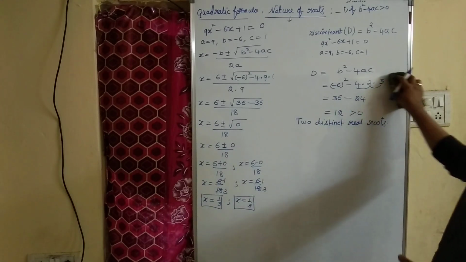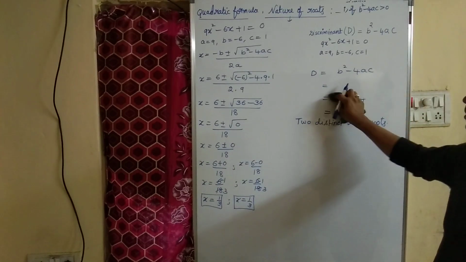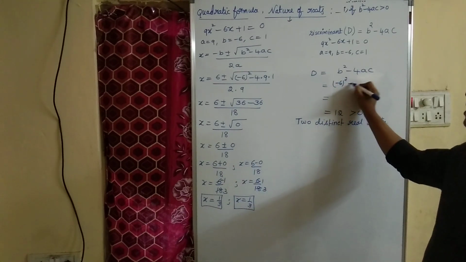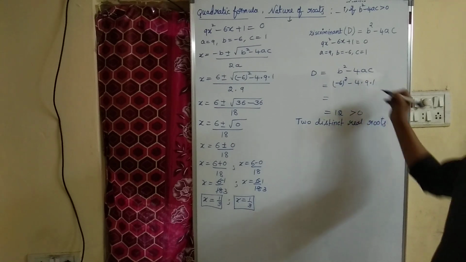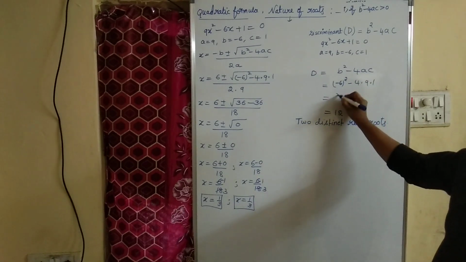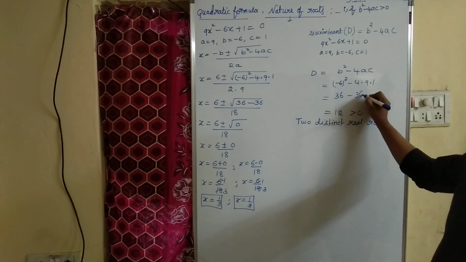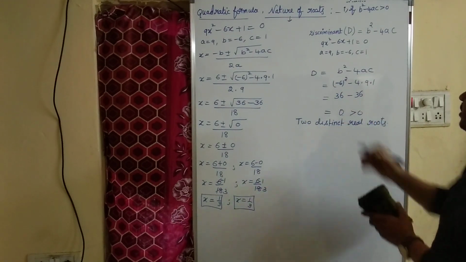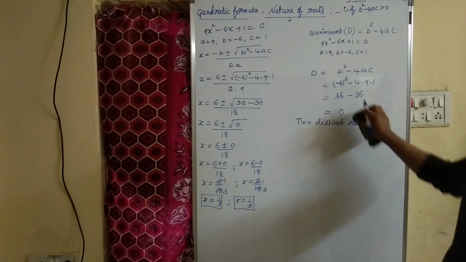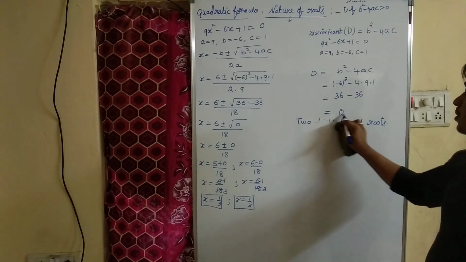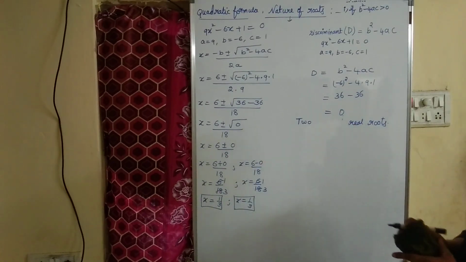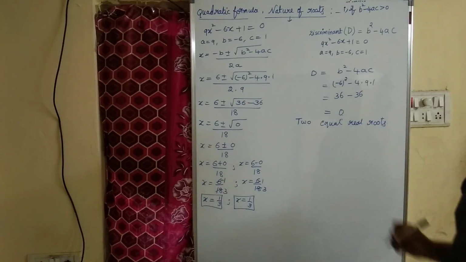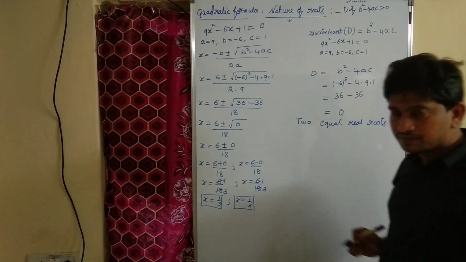Now let us find the discriminant: b value minus 6 whole square minus 4 into a value 9, c value 1. 36 minus 36, how much, children? Which is 0, right? So what we got is b square minus 4ac is equal to 0. Then what you will get? You will get two equal real roots.